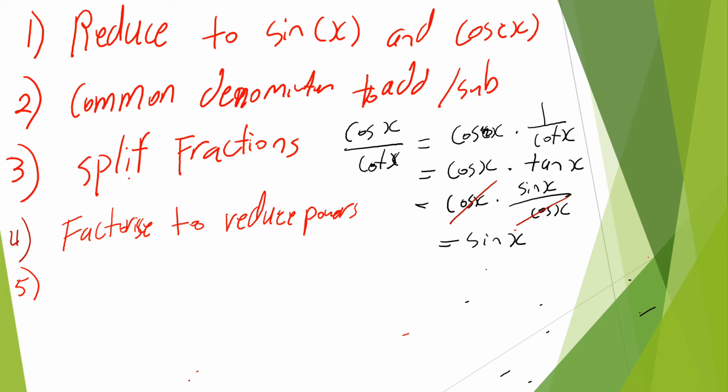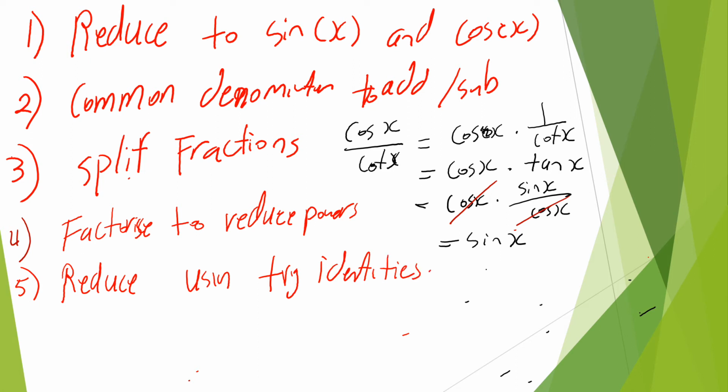Use them to reduce the terms. And practice a lot, the more questions you do the better. So I'm just going to write: reduce using trig identities. Hopefully you remember what I mean by that.